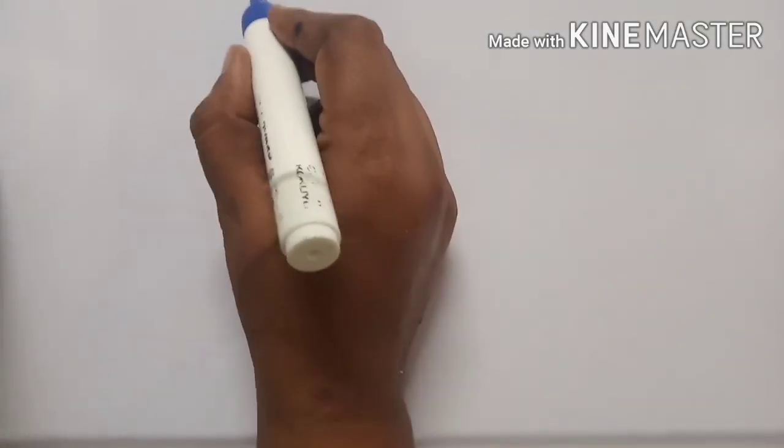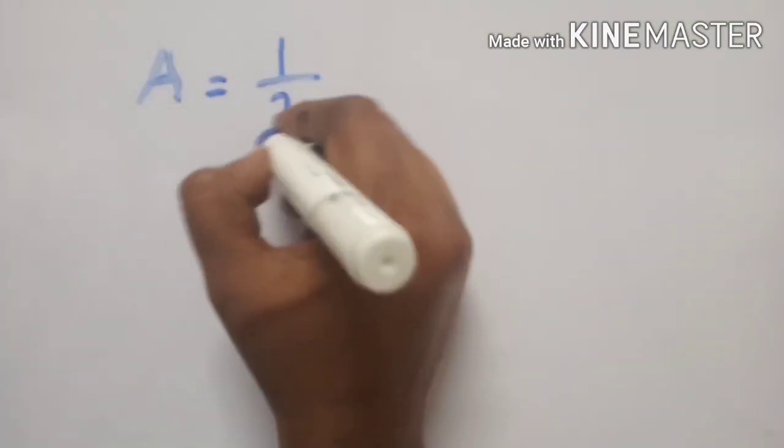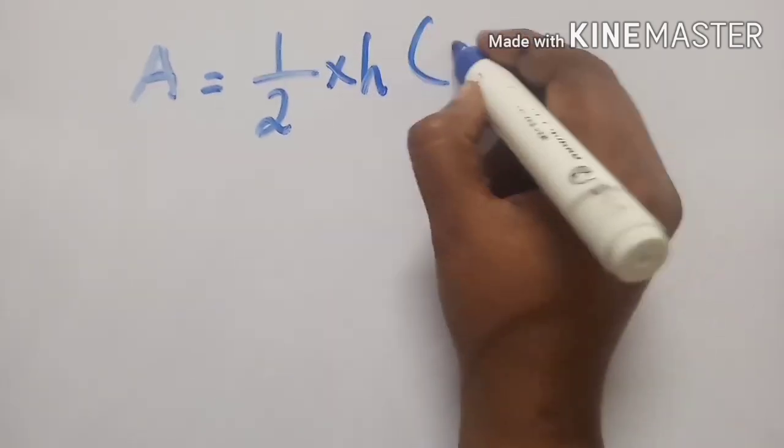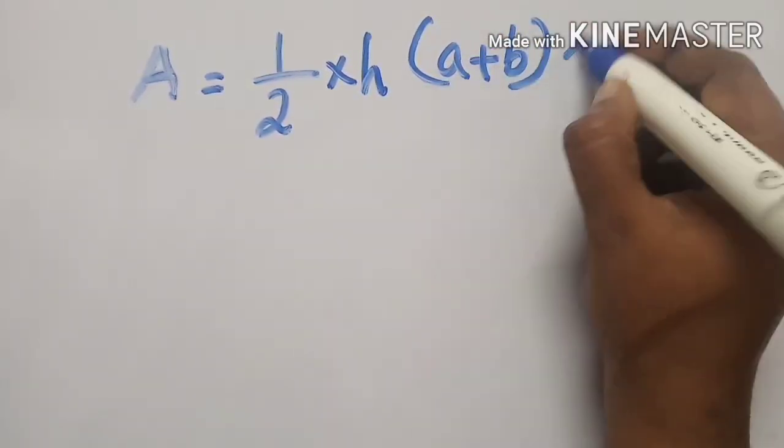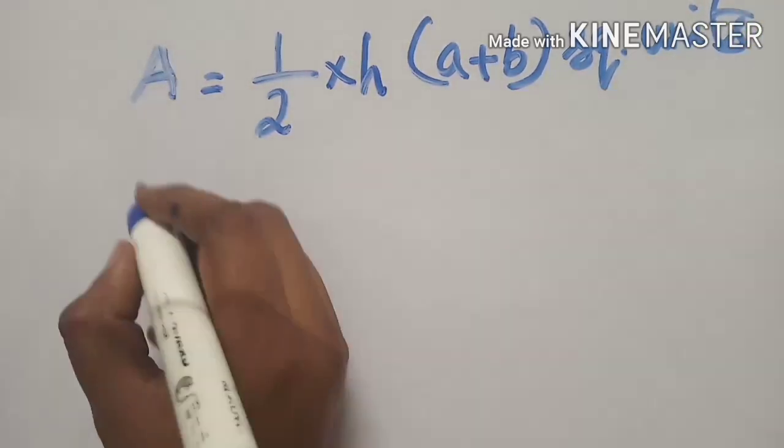Shall we move to the sums, Kana? Right. First write the formula. That is, area is equal to half into h into a plus b square units. Yes. What is area?